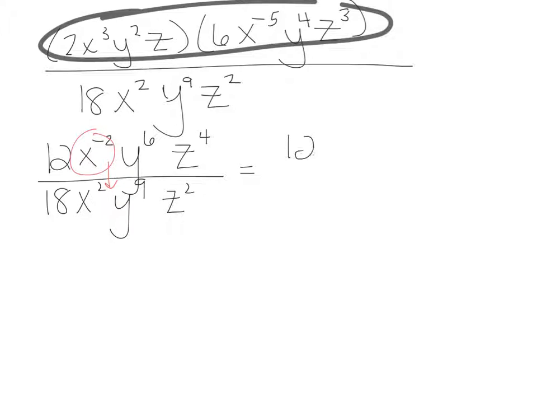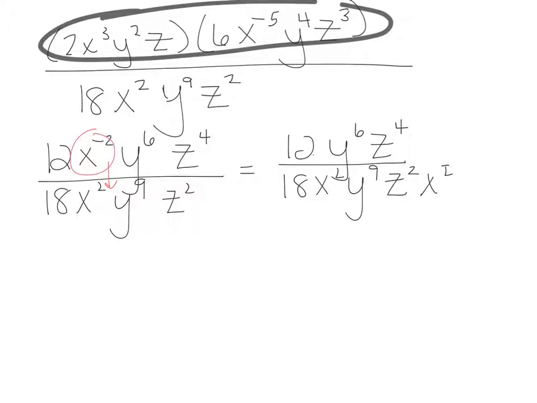So I have 12y to the 6th, z to the 4th, all over 18x squared, y to the 9th, z squared, x squared. All right, so now what do I do with 12 and 18? I simplify them, and I'm using my calculator to make my life easier. 12 divided by 18, I get 2 over 3.